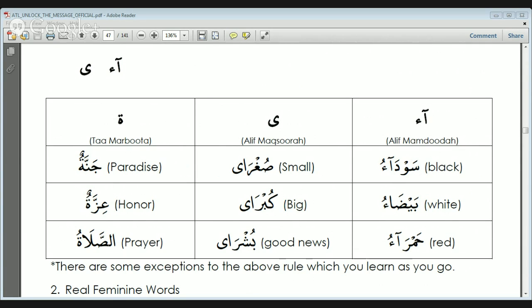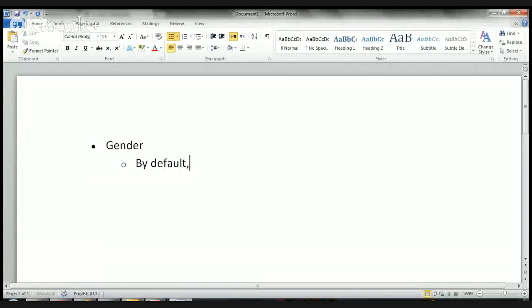Gender. By default, all isms are masculine unless proven feminine.